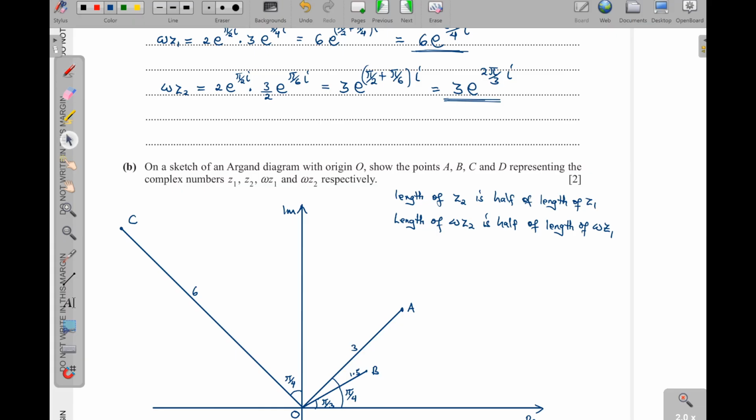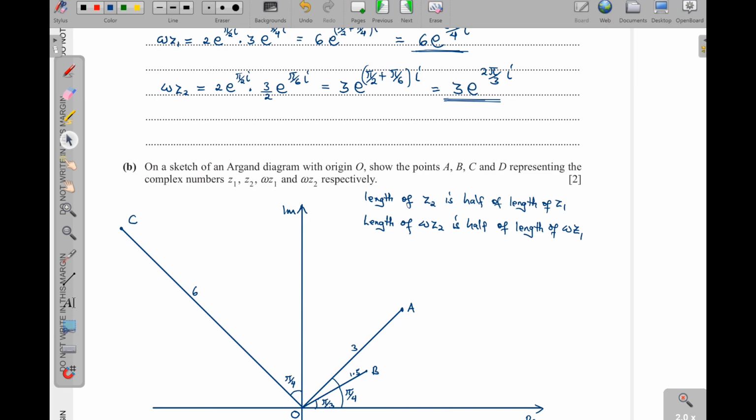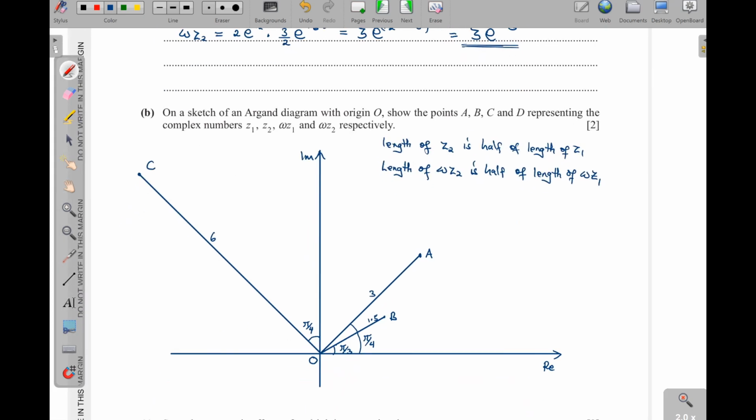You see that? Very important. So when I'm drawing this line also, I need to make sure that it is a half of this one here. And it has to be 120 degrees.